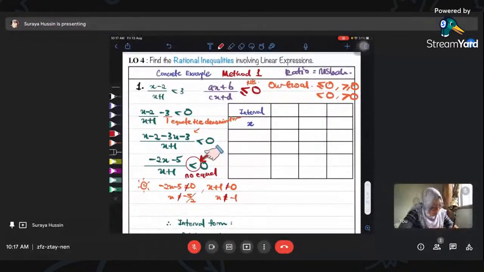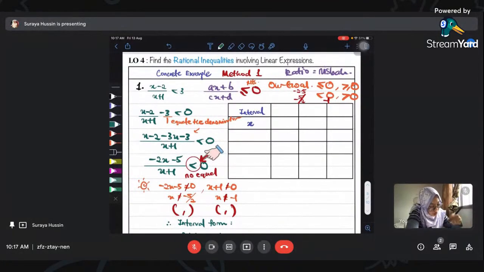Okay, so not equal, bentuk bracketnya adalah open, open. Right? So biarkanlah situ. Yang penting kamu dah nampak, oh bracket dia akan open nanti. So now masukkan nilai. Mana satu paling kecil? The smallest is negative 5 over 2. Sebab negative 5 over 2 is negative 2.5. That is the smallest.